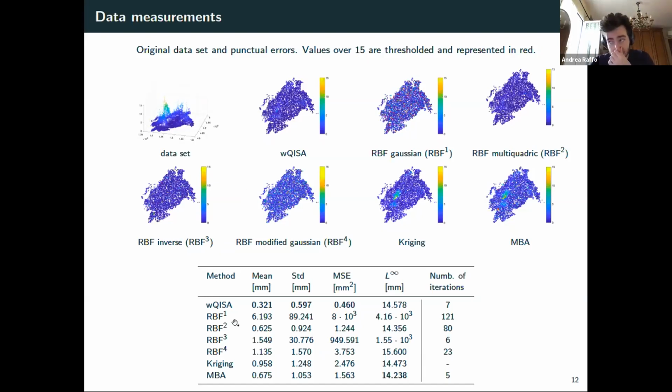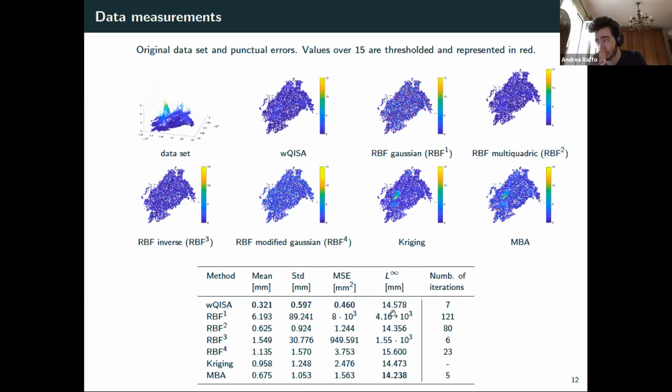A quantitative analysis is shown in the table, and we can see that our method outperforms the others with respect to mean, standard deviation, and mean square error, while the results, if we consider the L infinity norm, are slightly worse.